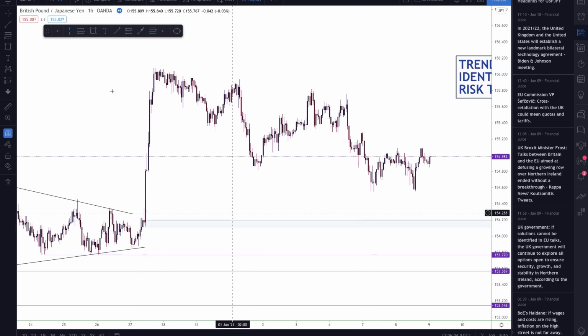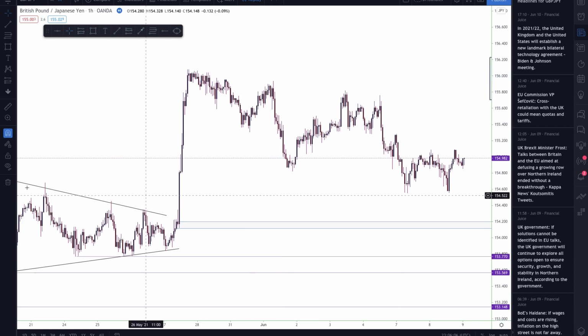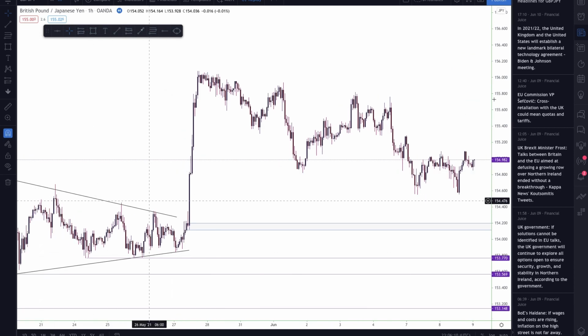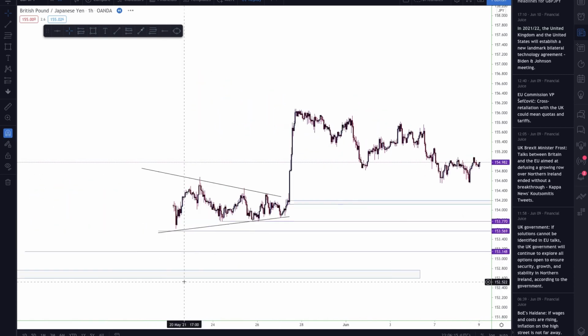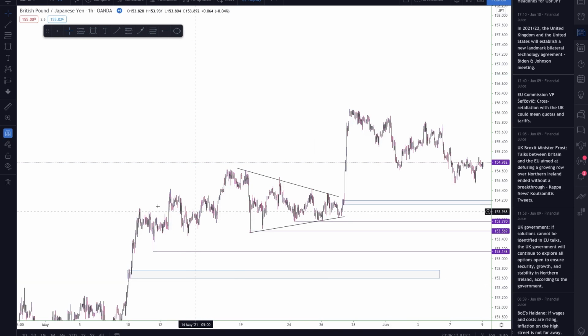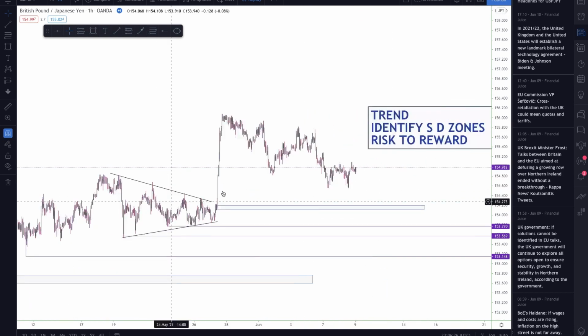A demand zone here. This movement broke through a structure around here. As you can see, there was a clear breakout of the structure by this movement. So we created our demand zone around that area.